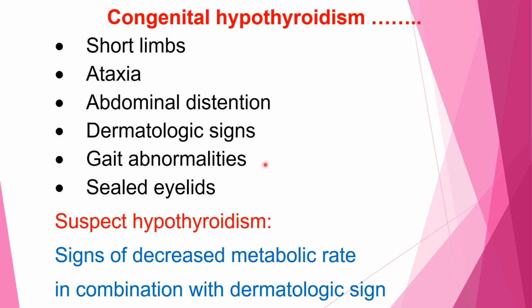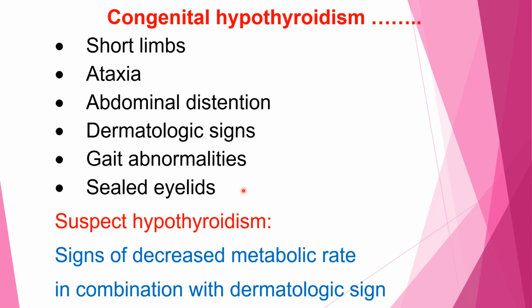Abnormalities of gait because of the short limbs, because of the neuropathy and myopathy, and there is pathology in the bone also. Some pups are born with sealed eyelids. Eyelids are sealed, a congenital defect.